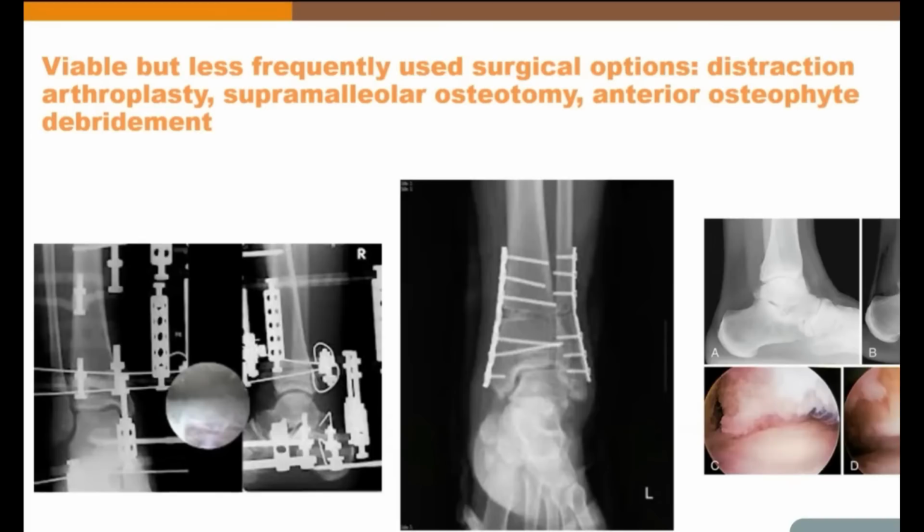In the middle is a supramalleolar osteotomy, so cutting and realigning of the tibia and the fibula to help offload relatively worn areas of the joint or help correct malalignment above the joint.